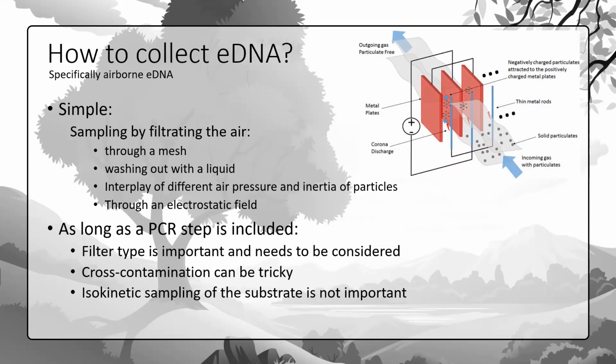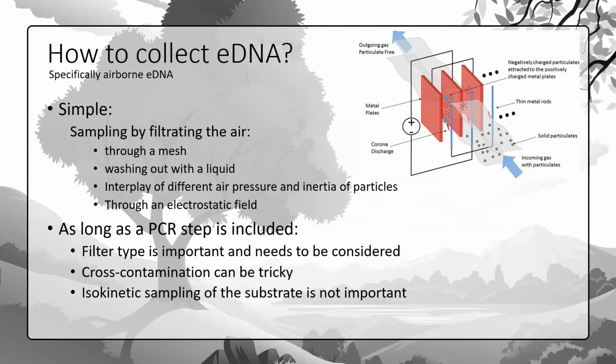The further steps sometimes determine what we can do with the samples. If we look just at the quantifying elements, saying, is this species in our sample or not, basically telling us we have a PCR included in the steps, then the filter type that we use is quite important. The liquid system uses a certain kind of liquid. Can you just transfer it to the PCR or not?